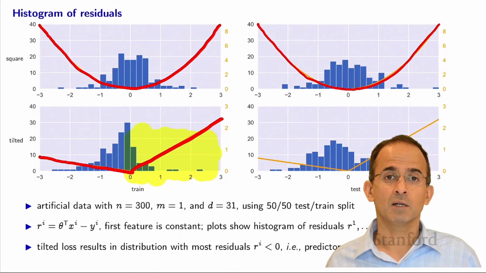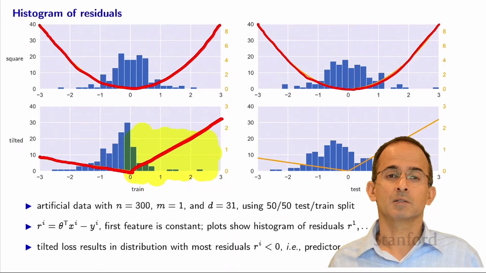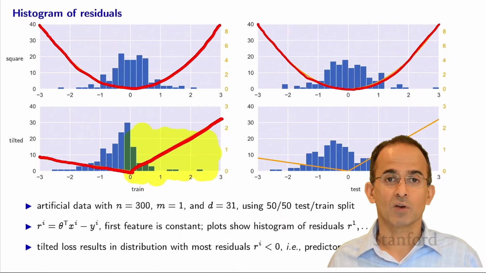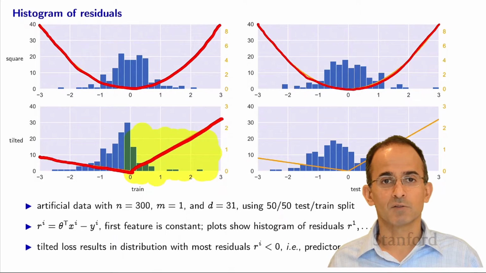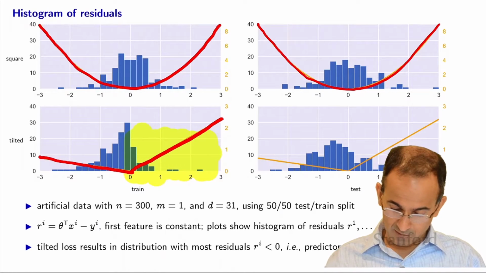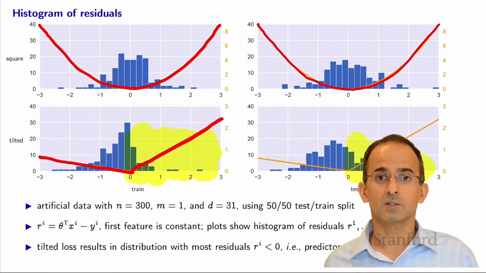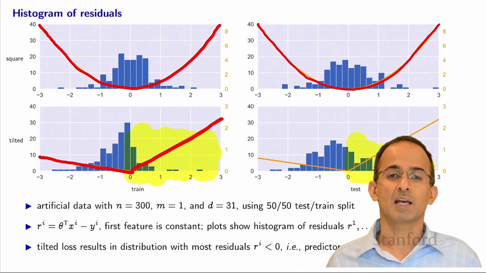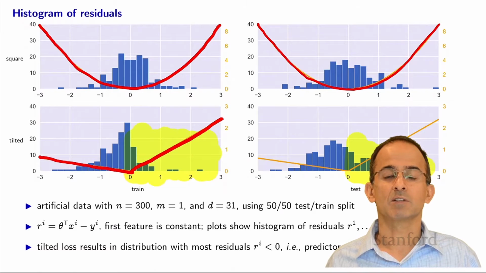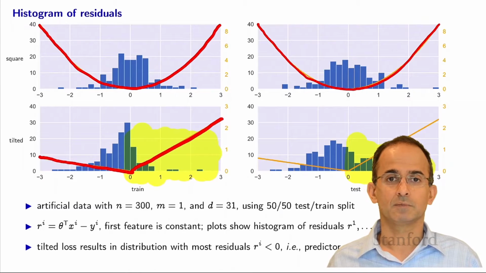And so the predictor chosen by empirical risk minimization turns out to be a predictor that prefers to underestimate than to overestimate. And that extends also to the test data, much as we might expect: there are far fewer data points on the right-hand side of the test residual histogram than on the left-hand side.